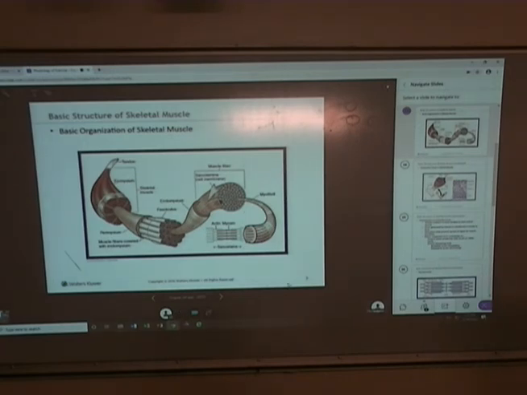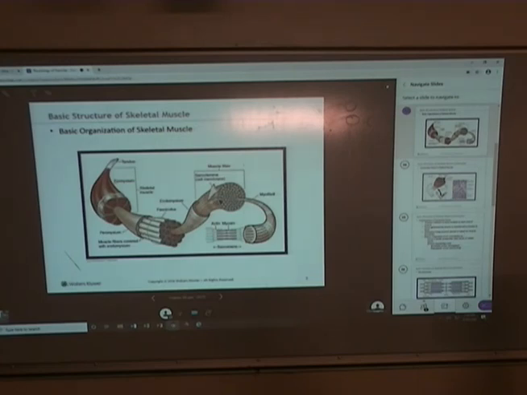So we have 3 layers of connective tissue that we want to be aware of. We've got the epimysium on the outside, wrapped around the whole muscle. Then we have the perimysium that is wrapped around fasciculi, and the endomysium that is wrapped around a muscle fiber.